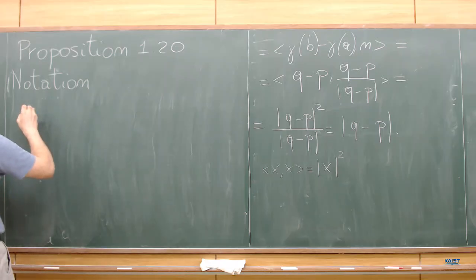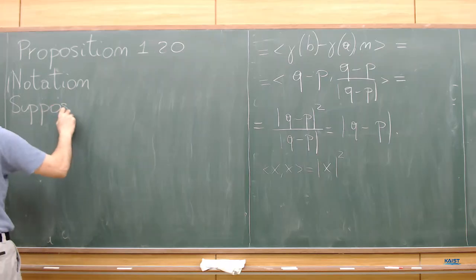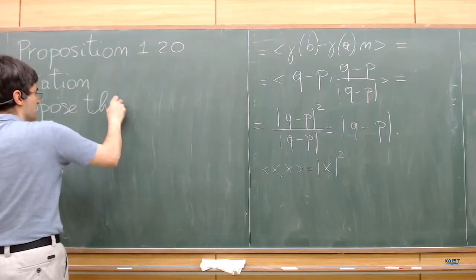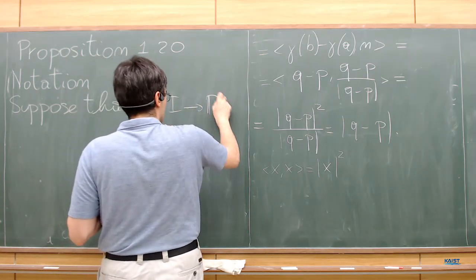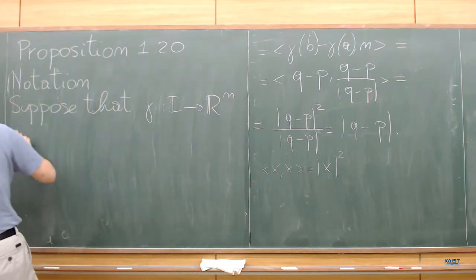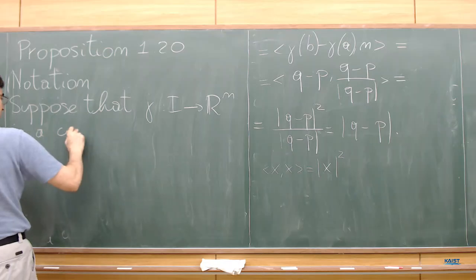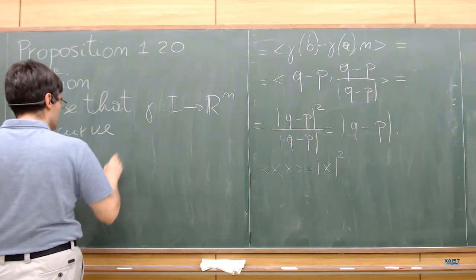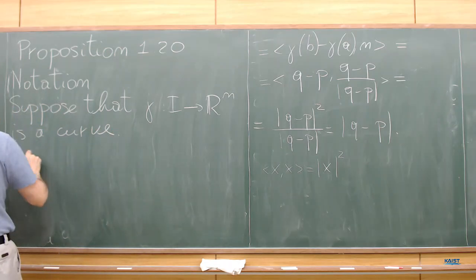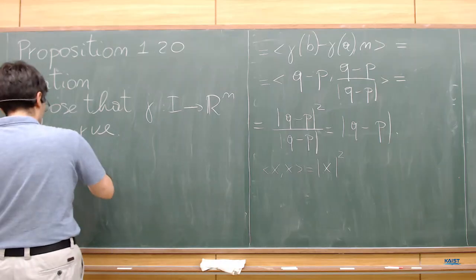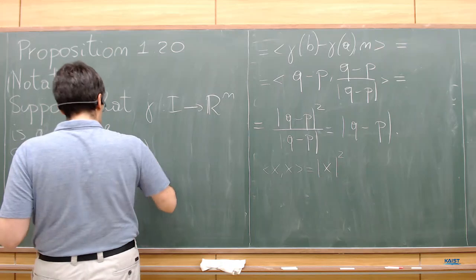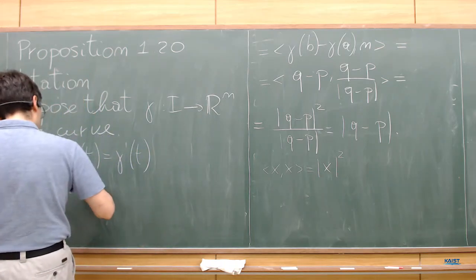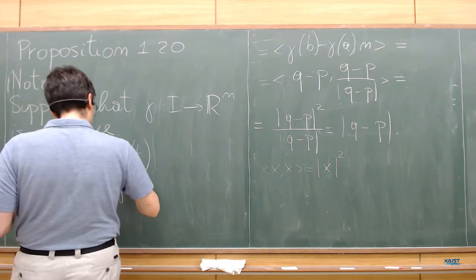I will suppose as usual that gamma defined on I with values in Rn is a curve. Then I set V of t to be equal to gamma prime of t, and A of t to be equal to gamma second of t.